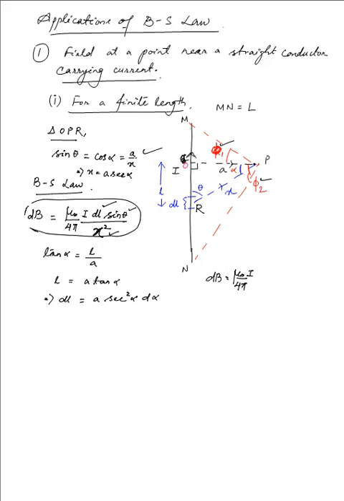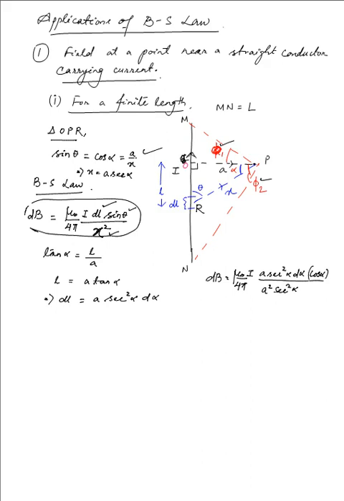Mu naught I divided by 4 pi. Instead of dl, we have a sec square alpha d alpha. Instead of sine theta, we have the cos alpha term, so we write cos alpha over here, divided by the value of x being equal to a sec alpha, so we have a squared sec squared alpha.